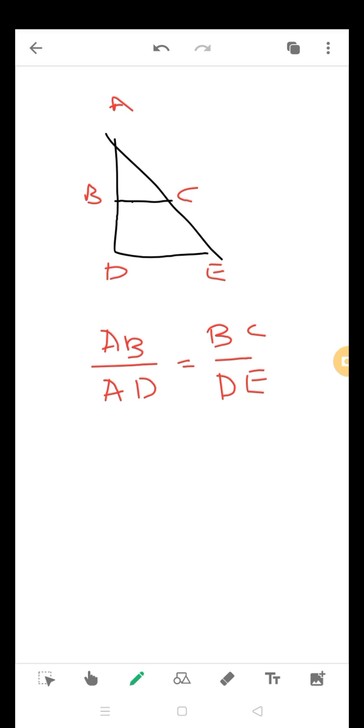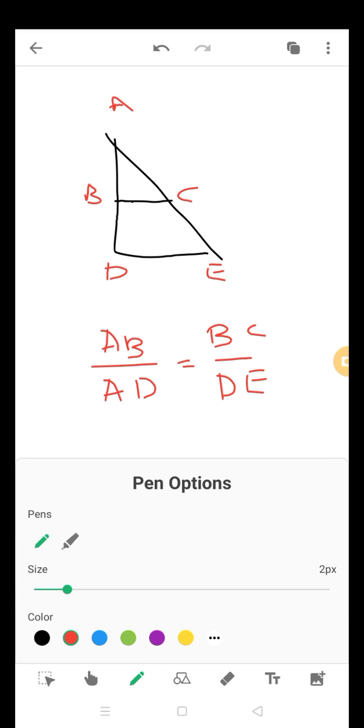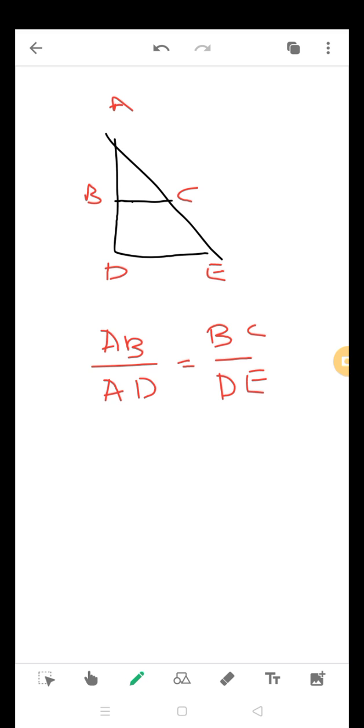It means the ratio of this distance to this distance is proportional to the ratio of this distance to this distance.